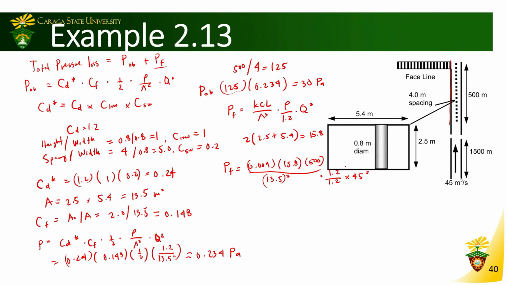This gives us 59 pascals. Therefore, the total pressure loss is equal to 30 plus 59, equivalent to 89 pascals. So that is how to compute this particular example.